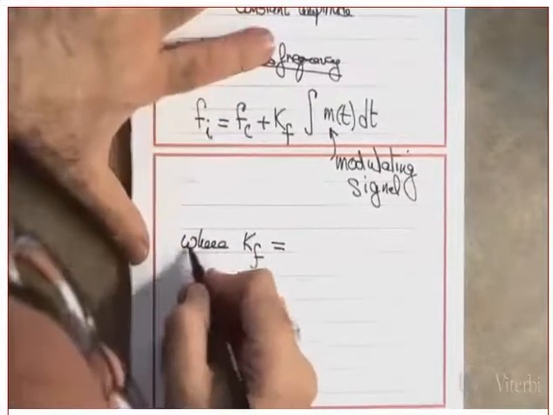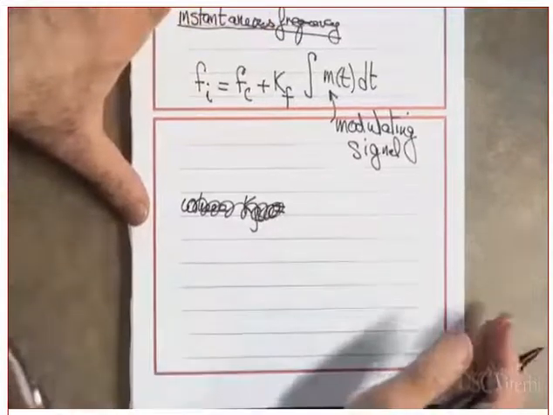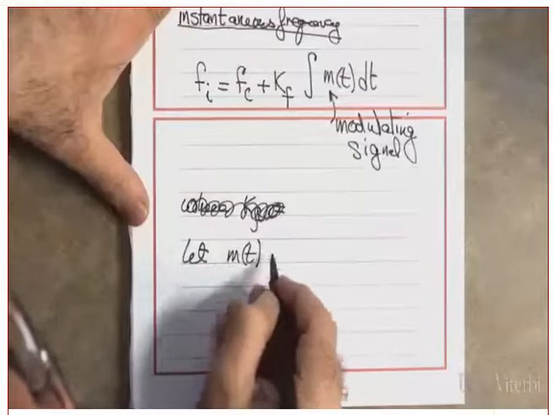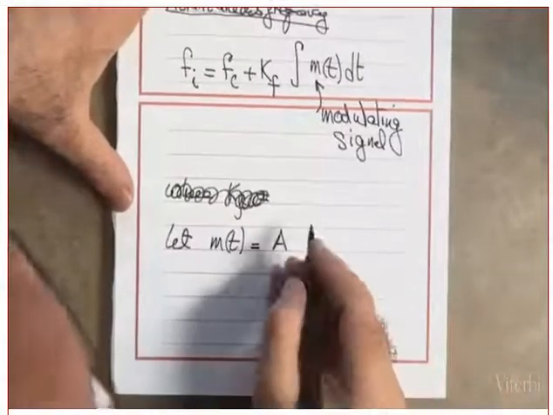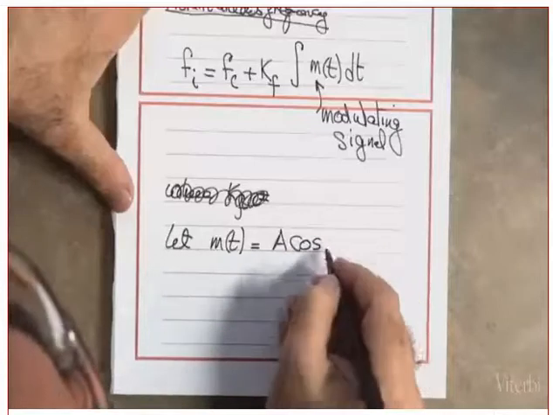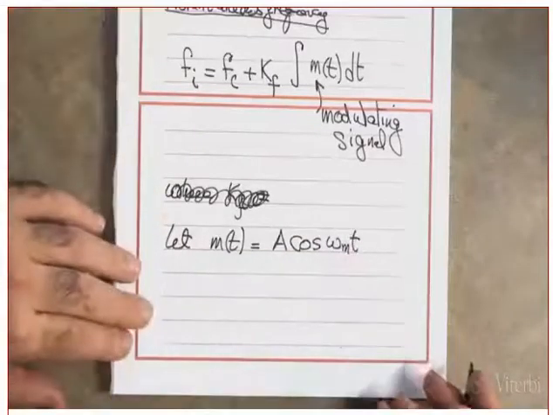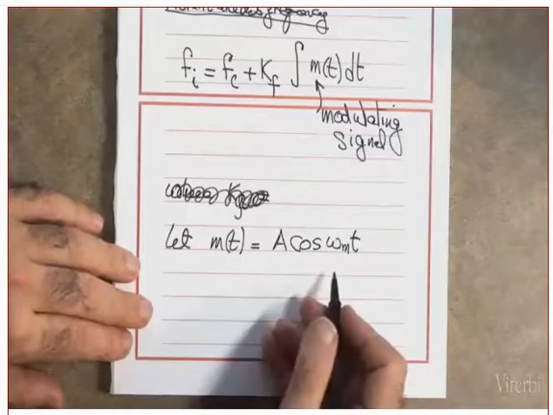No, you don't remember. Let me derive it for you so that you understand what I'm talking about. Let m of t be A cosine omega_m t. What does that mean?